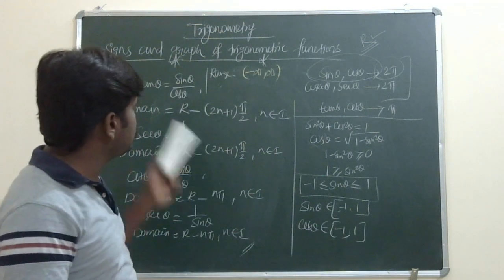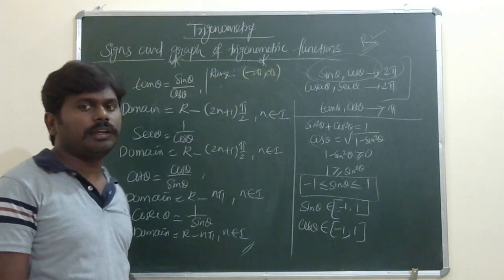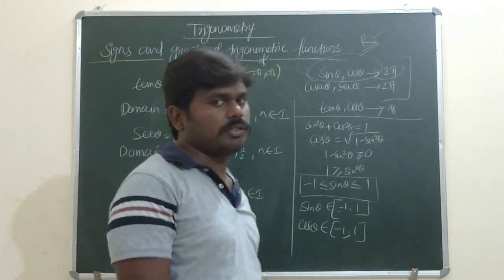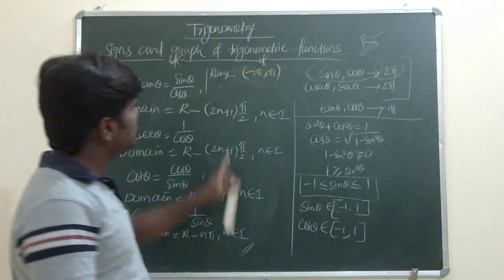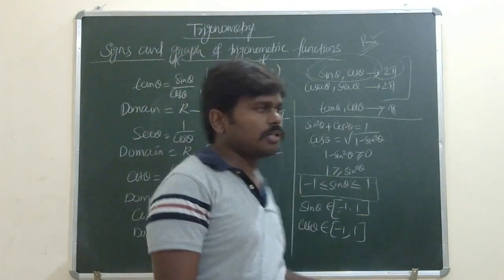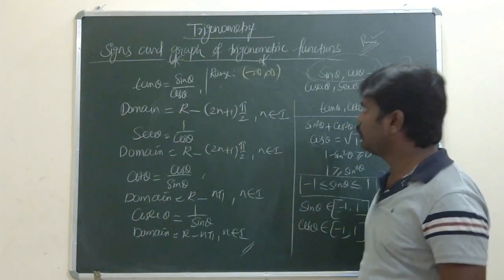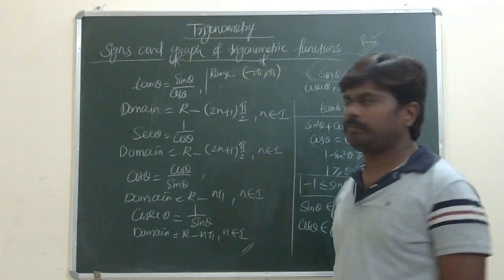So the range of tan theta is nothing but minus infinity to plus infinity. Here we have to put only open intervals, not closed intervals. Okay, so these are the symbols called infinity symbols. These are not referred to as real numbers. Simply, it tells that it is the infinity symbol.